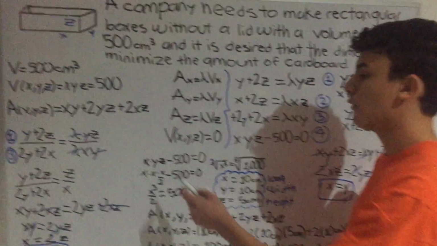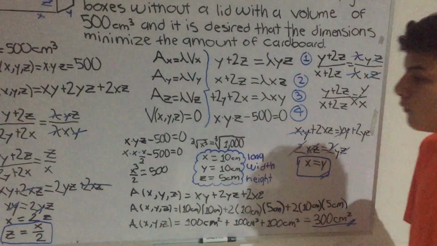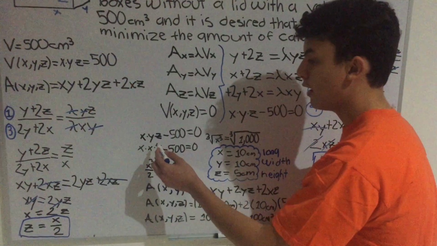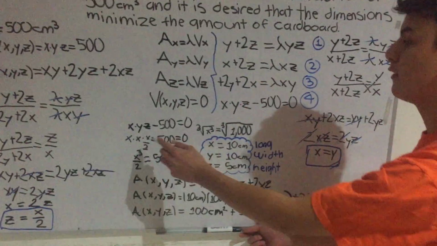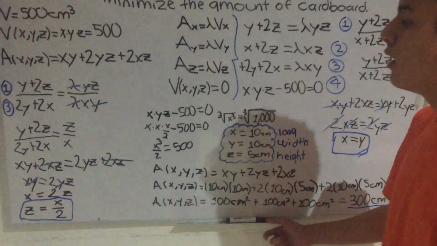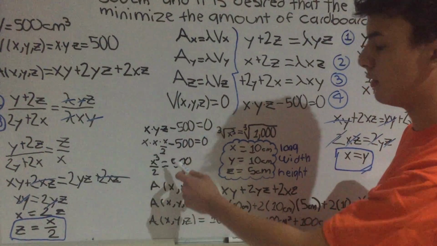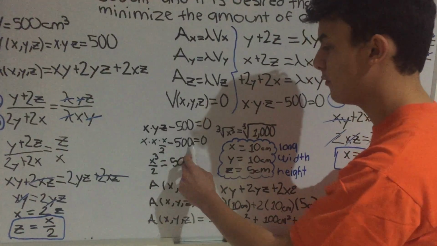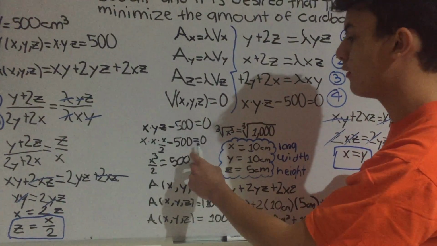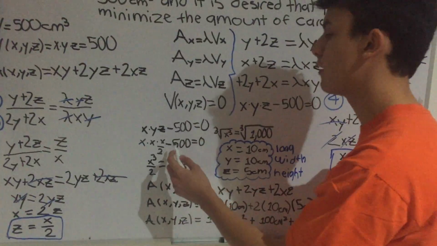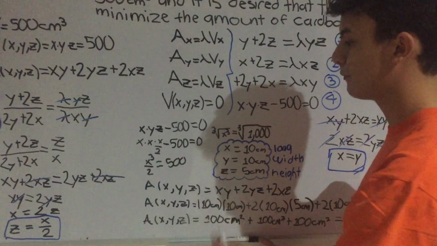And now with our equation of the volume, we now know that y is equal to x. So I can put the value, and c is equal to x divided by 2, and what we have here minus 500 is going to be 0.